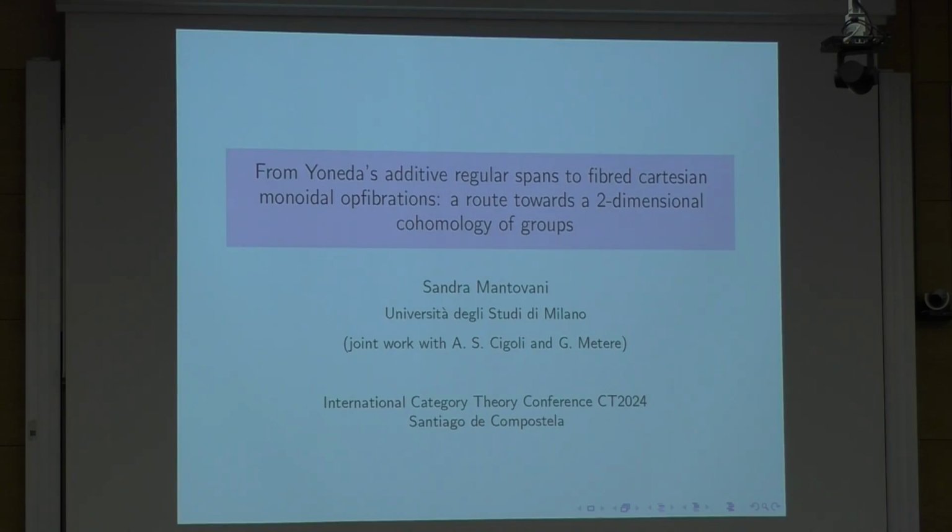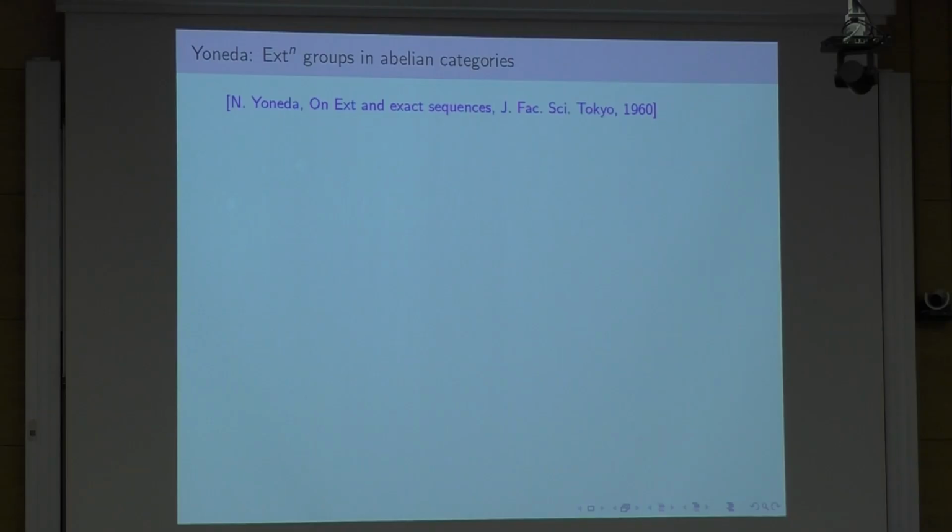And the route is rather long. It starts in a very famous paper, Yoneda. It was 1960, and the idea was to look for exact sequences in an abelian category in order to define cohomology groups without having enough projectives or injectives.